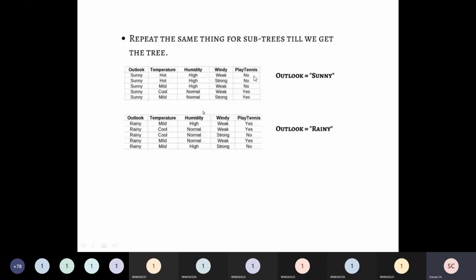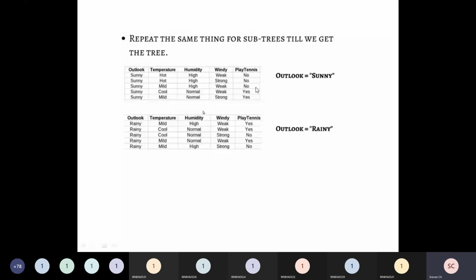And how many positive examples, how many negative examples? In the main data set it was 14 records, 9 positive, 5 negative. Now in this new data set where outlook is sunny, the total number of records is 5, positive are 2, negative are 3. So n is 3, p is 2, total is 5.